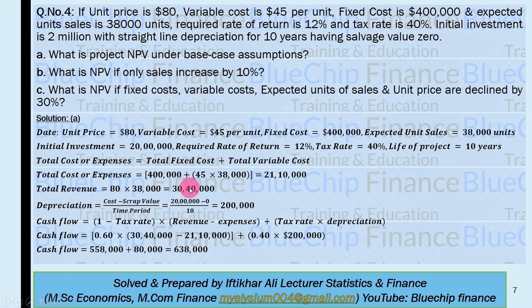The method to calculate this question is the same as we adopted in the previous question. So you can pause the video and see the whole process. Only in case B, we take the sales increase by 10%.